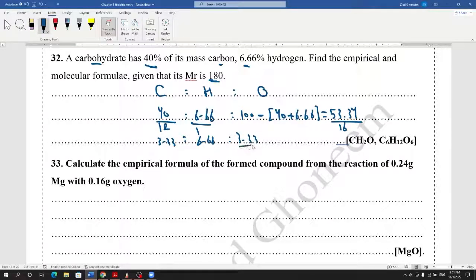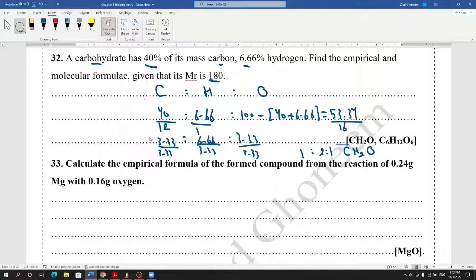Right? Now we divide by the smallest number, which is 3.33. From this, we get the following ratio, which is 1:2:1. So the formula is CH2O. Okay, so that's the empirical formula.